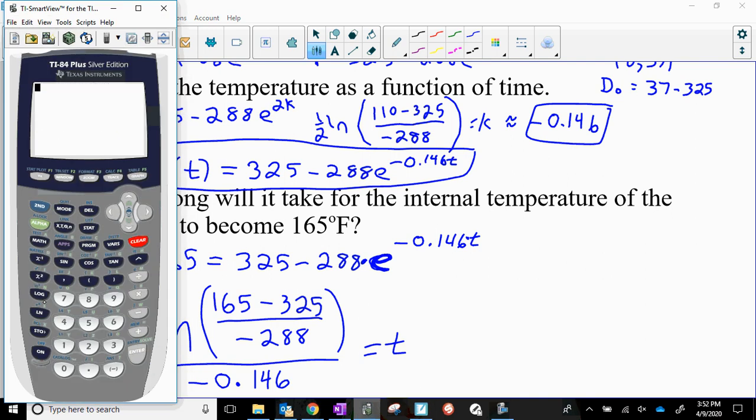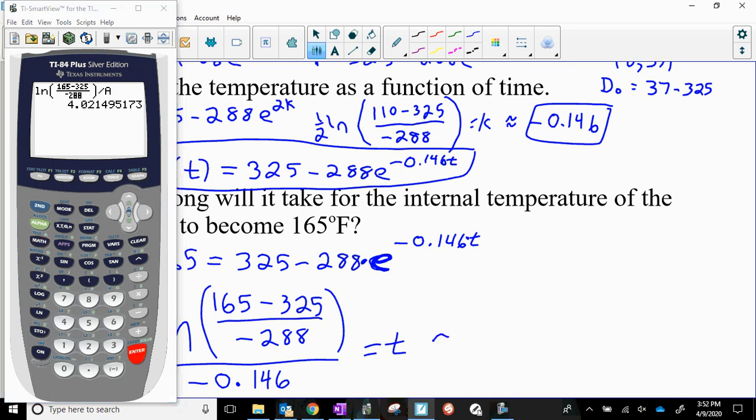So I'm going to take the natural log of my fraction, 165 minus 325 all over negative 288. And then I've got to divide that by my k, stored as k in the calculator.